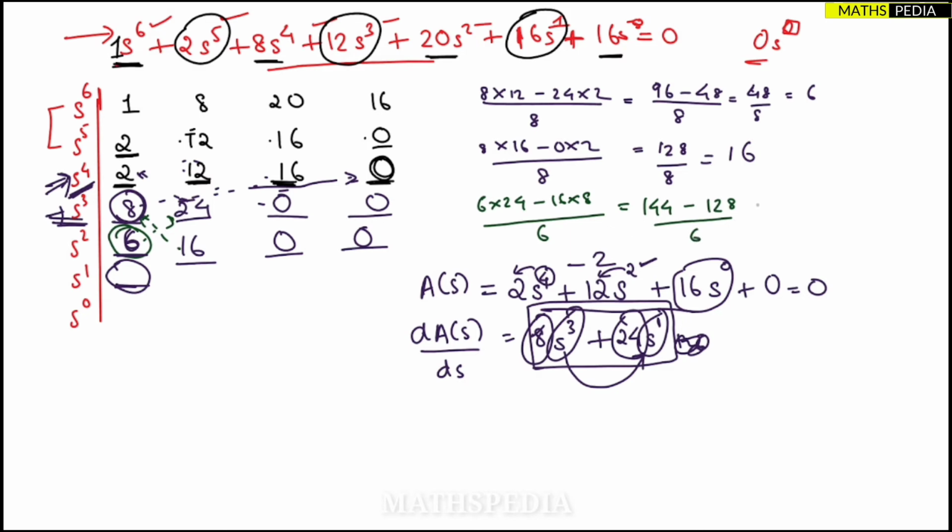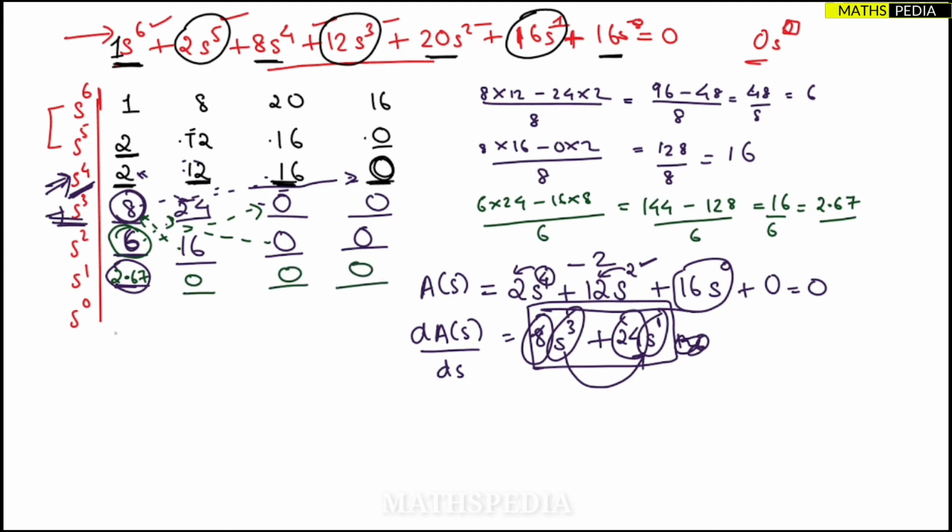So what will be the answer? 16 divided by 6, which is approximately 2.67. I can write it as 2.67, or you can write 16 by 6. Next, 6 into 0 minus 0 into 8, that is nothing but 0 itself. This also will be 0.